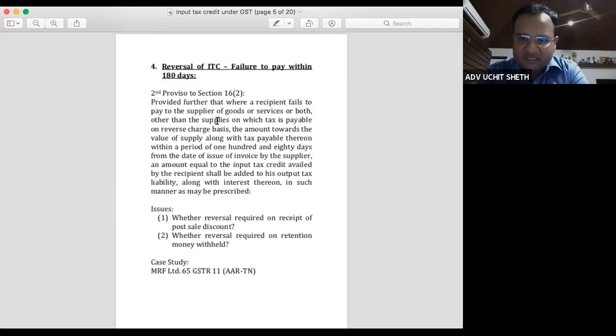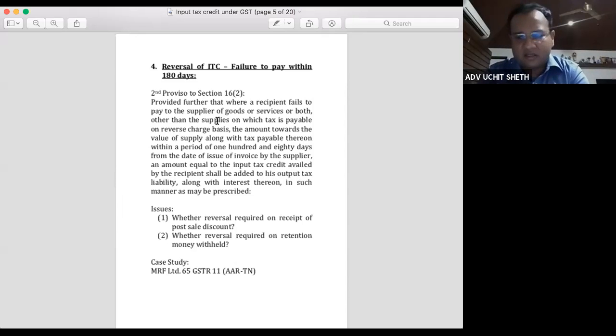The provision says that there has to be failure to pay to the supplier of goods or services. For there to be failure to pay, there has to be a contractual liability. Now, as soon as the seller and the buyer agree to a post-sale discount of 10 rupees, there ceases to be any contractual liability of the buyer towards the seller, and therefore, according to me, the provision would not be invoked.